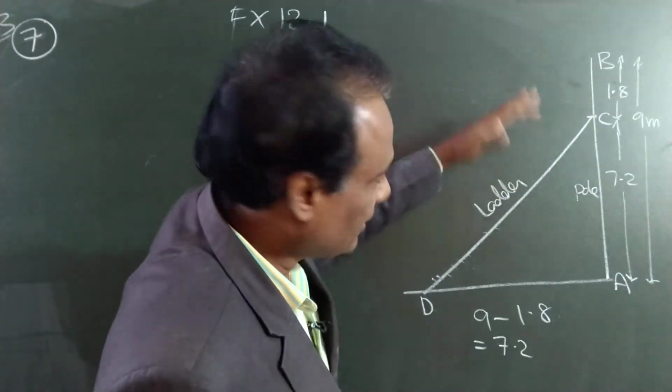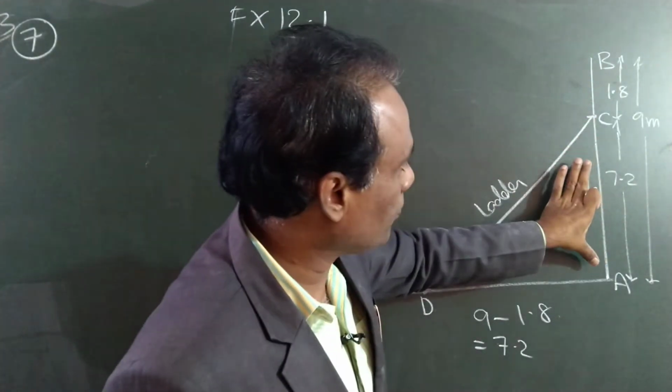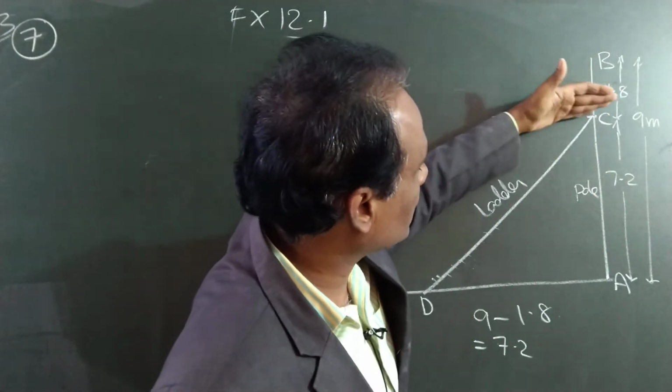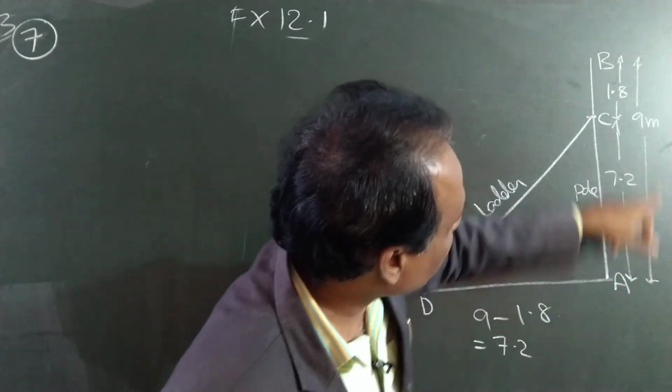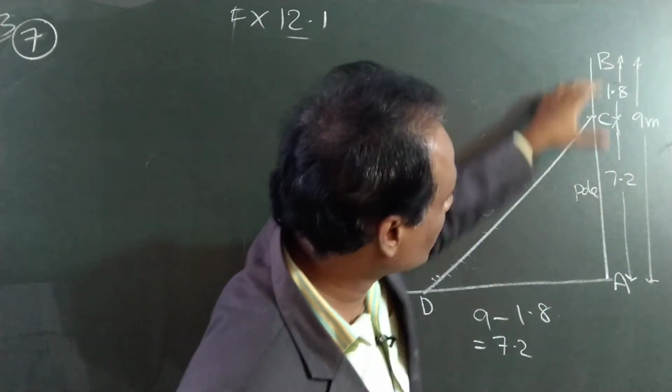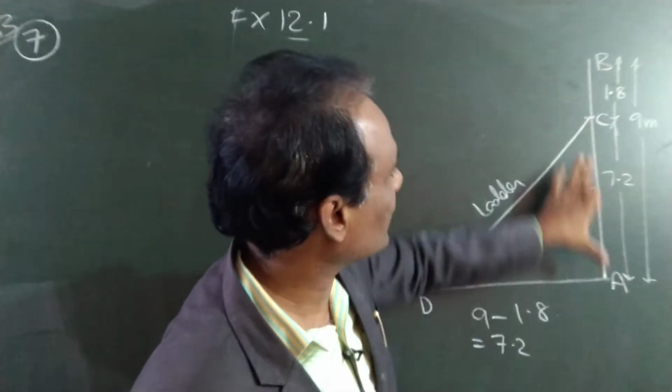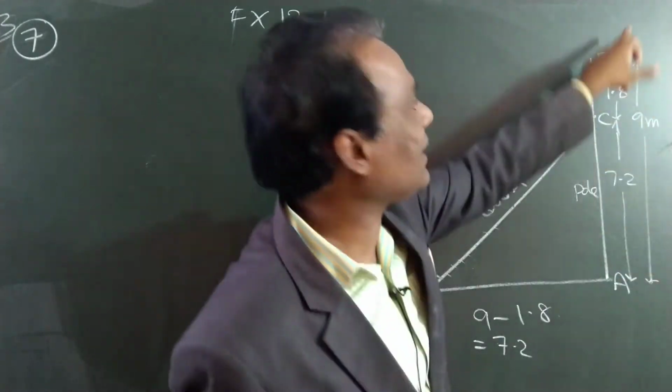This is the ladder. This is the pole, this total is the pole. But we have to reach only this point, 1.8 meters below. 9 minus 1.8 will be 7.2. So this is 7.2, this is 1.8, total 9.